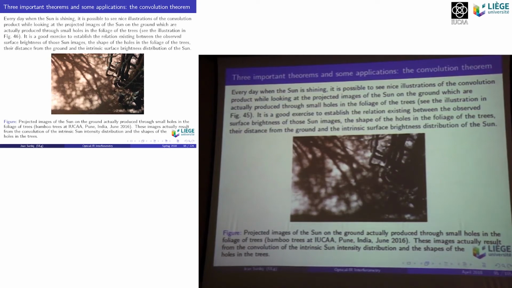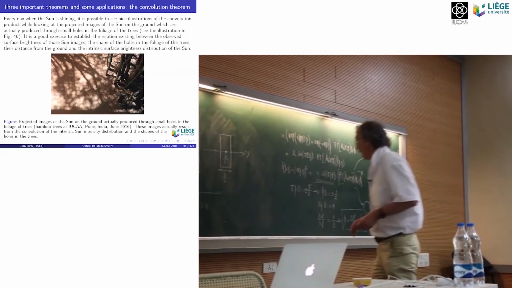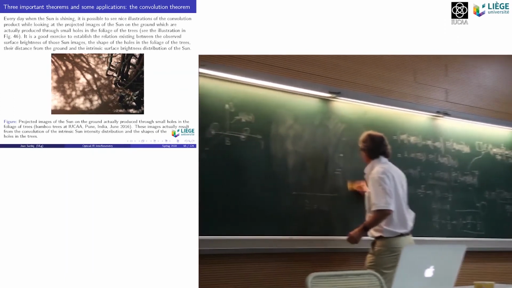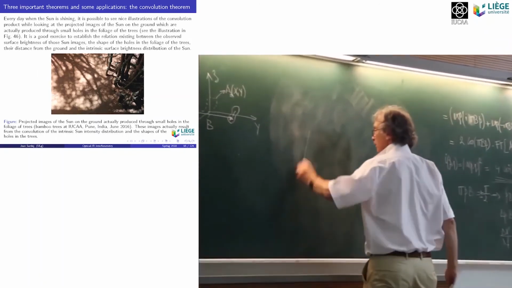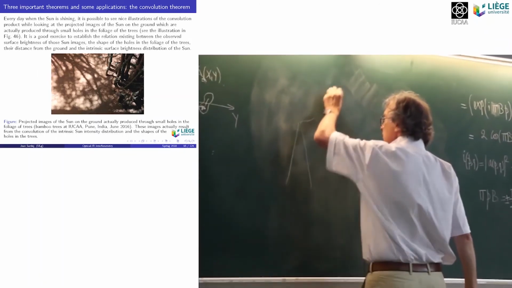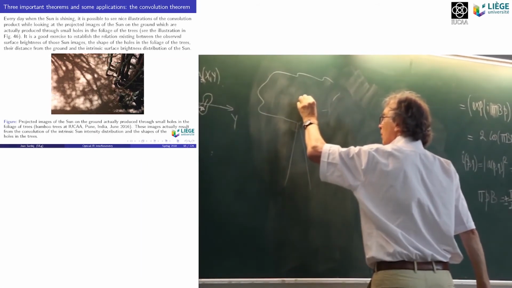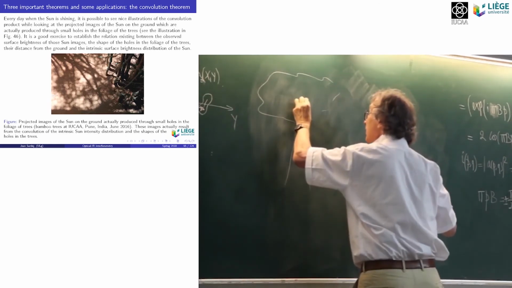Now the problem is that you never have a perfect hole, where the hole can be extended or can be square or anything like that. Then what you can show, so just make the representation. There is a tree here, and let's assume you have a small hole. Now I take it extremely small, so this is really a pinhole.